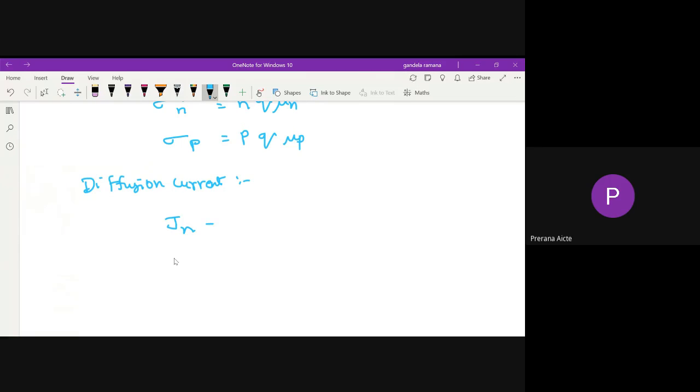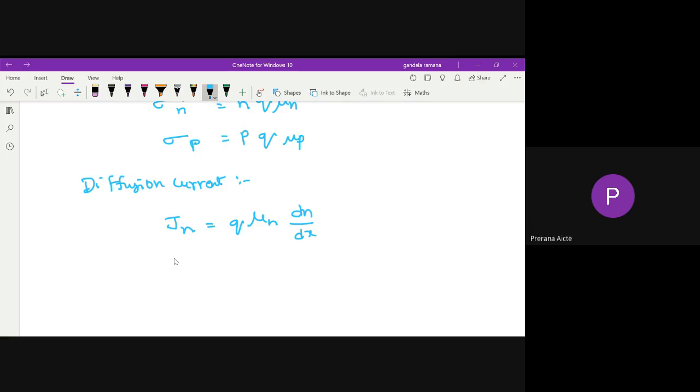Jn is equal to Q mu n dn by dx. With respect to distance, the concentration decreases. Current density due to electrons is Q mu n dn by dx.